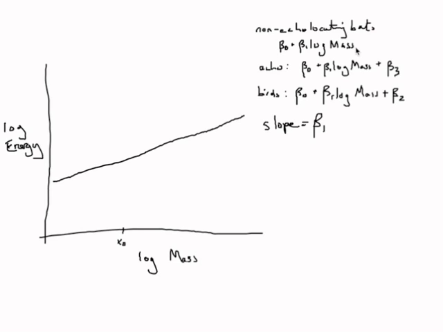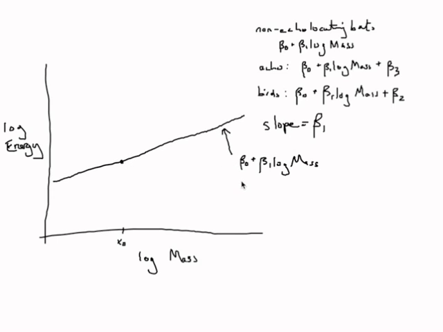For the non-echolocating bats, if this line here is the line beta 0 plus beta 1 log mass, then the mean for a particular value of log mass would lie right on that line.